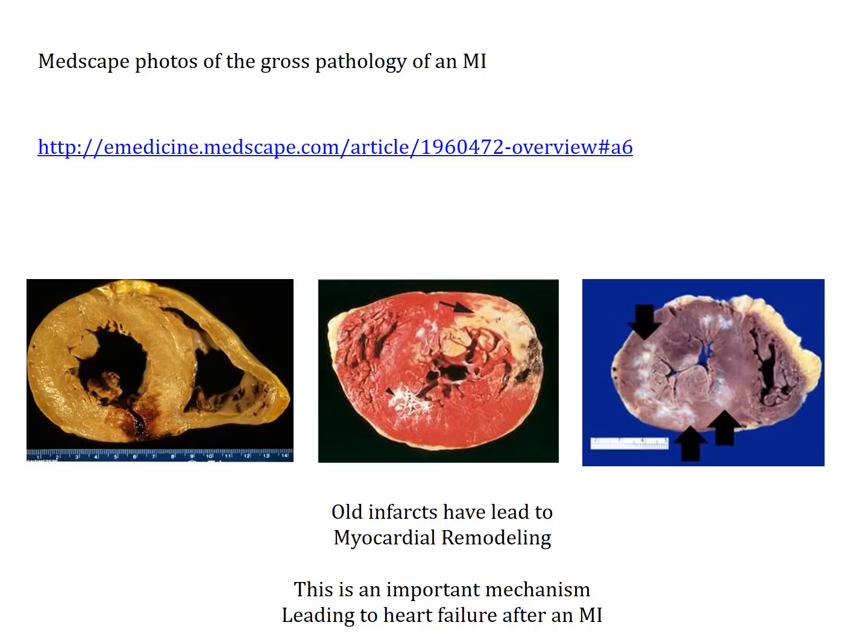I went through it kind of very cursory, but I kind of want to show you some of these post-mortem complications so you understand what I mean when I'm talking about transmural injury and what I mean when I talk about scarring and necrosis. So if you look at these three hearts here cut in cross section, where the left ventricle size is the larger size and the right ventricle is kind of like the smaller, thinner region.